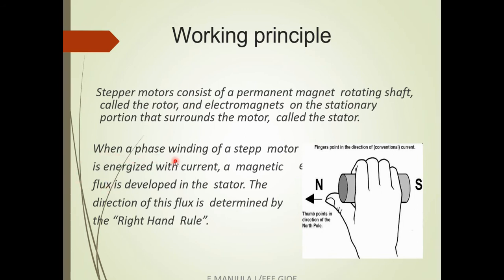When a phase winding of a stepper motor is energized with a current, magnetic flux is developed in the stator and the direction of the flux is determined by the right hand rule. When current is supplied to any winding, flux exists, and how the flux flows is given by the right hand rule. This indicates the flux, the current, and the other four fingers.